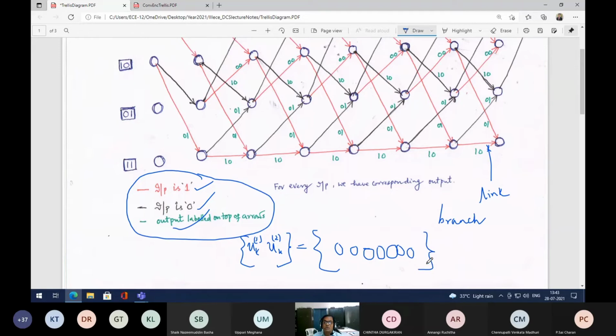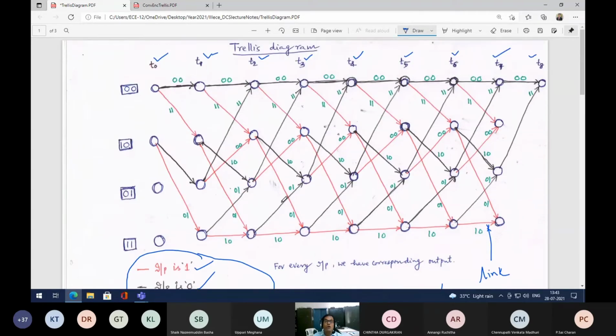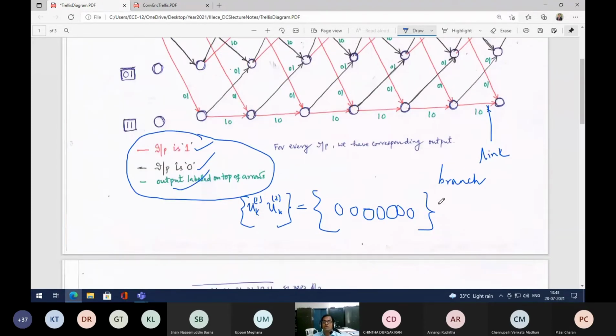What is my corresponding output? I'm starting from the starting point here, input 0, that means output 0 0. So my output is simply 0 0 0 0 0 0 0 0 0 0, and it goes like that. So from the trellis diagram I can directly find the output without referring to the state machine diagram. The corresponding output will be vk1 and vk2.